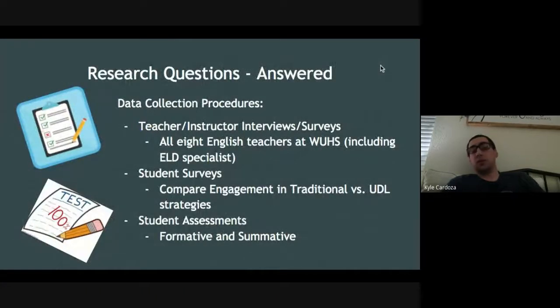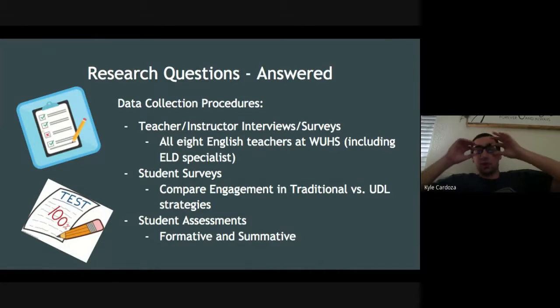Okay, so this just kind of aligns with what I just mentioned. So the teacher, instructor interviews, and surveys. All eight English teachers at Washington Union High School are going to participate, and that includes the ELD specialist.